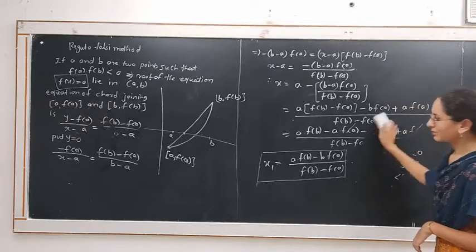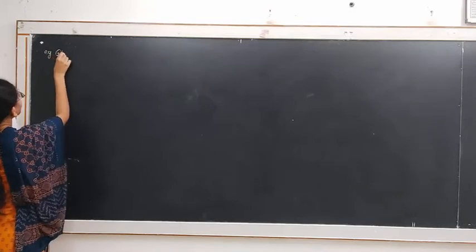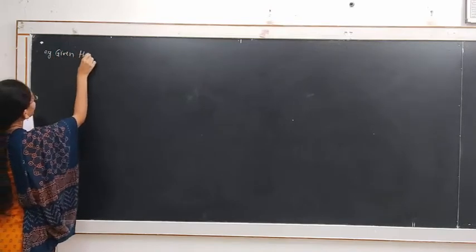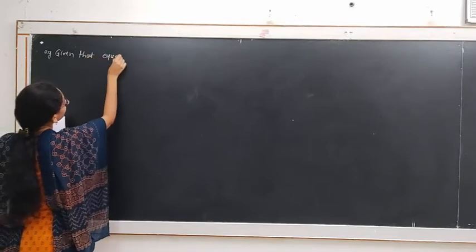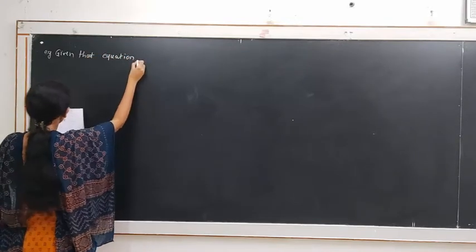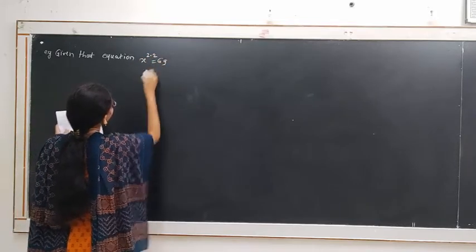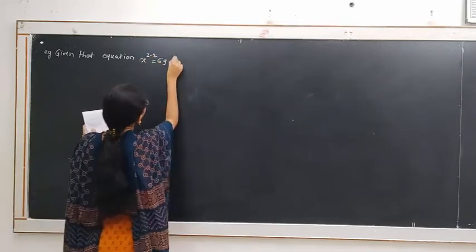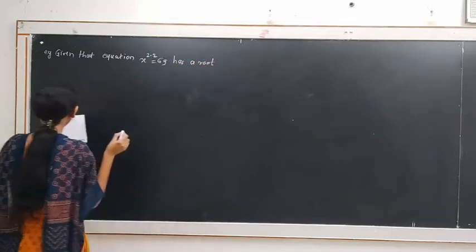Let us consider one example. Given that the equation x raised to 2.2 equals 69 has a root between 5 and 8.